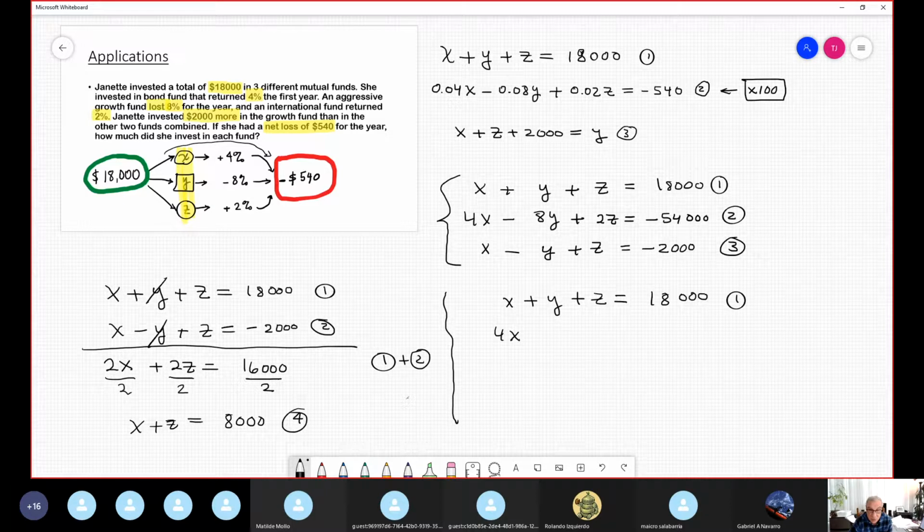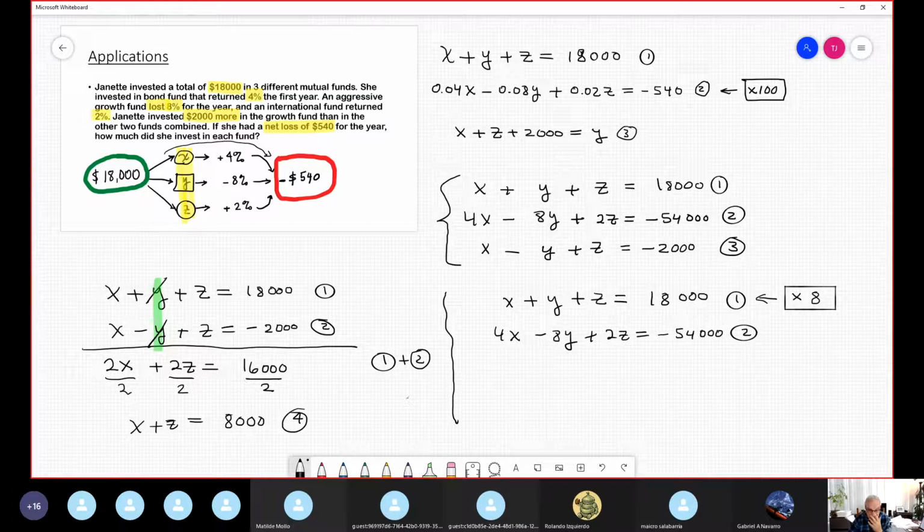4x minus 8y plus 2z equal negative 54,000. Equation 2. But remember, in the first couple, I eliminate y. Therefore, mandatory, I need to do something to eliminate y in the second couple. Well, to do that, I multiply this equation by 8.